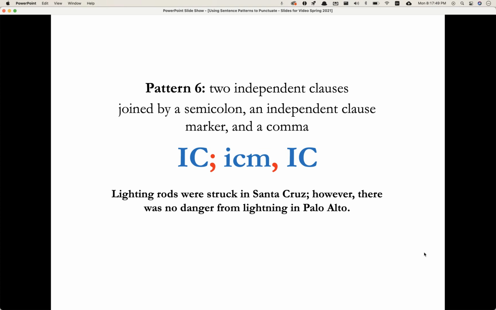Note here you have an independent clause starting with "lightning" and ending with "Cruz," then a semicolon, then "however," which is the H, that's Herbert in the Noisy Turtle list, then a comma, then you have a second independent clause. There was no danger from lightning in Palo Alto. So this is yet another way you can join two independent clauses together.